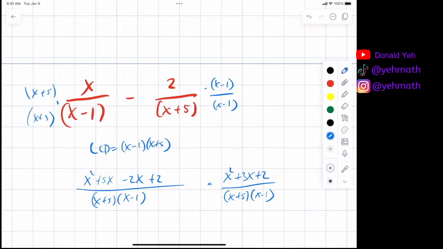This is what I got. You can, but there's nothing to simplify, so x plus 2, x plus 1.